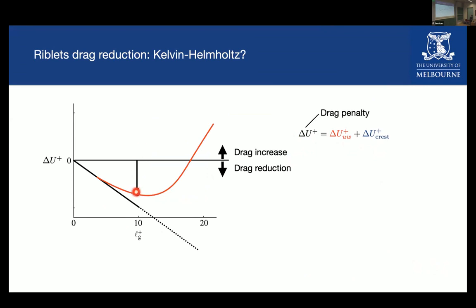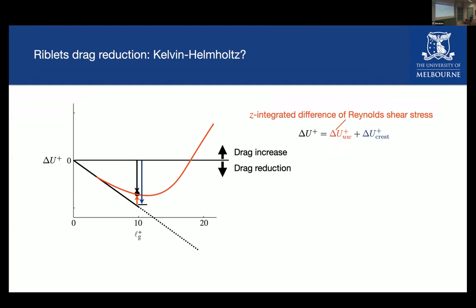So the total drag penalty equals the mean slip component taken at the crest, and then this component, which is the difference of the Reynolds stresses integrated in the wall normal direction. Now this quantity, the difference of the Reynolds stresses, is 0 far away from the riblets because of outer layer similarity. Okay, so we can evaluate this quantity pretty well.